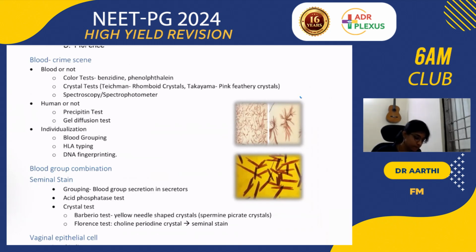These 2 are seen in blood. One is hemochromogen. Chromo means color, right? So we are talking about pink feathery crystals, and this test is known as Takayama.